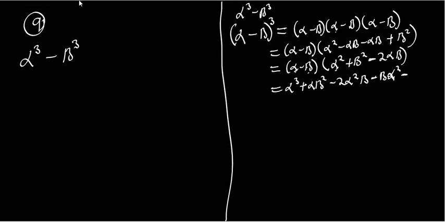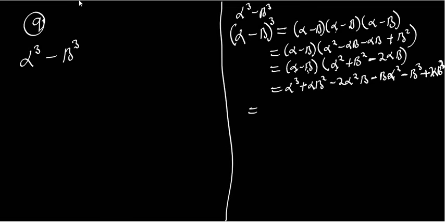It's minus, then what? Beta cubed, then beta times that one, which is negative, or that's positive now, right? Positive 2 alpha beta squared, like that. Oh yeah, beta squared, not cubed, beta squared.